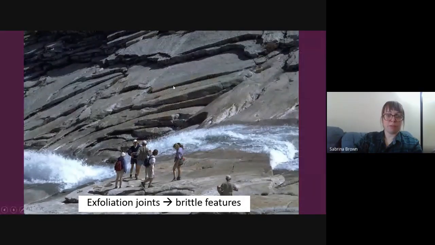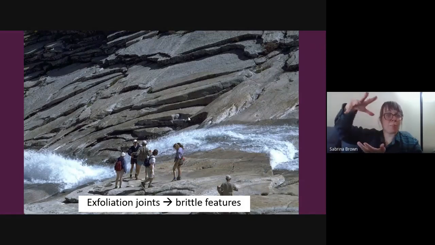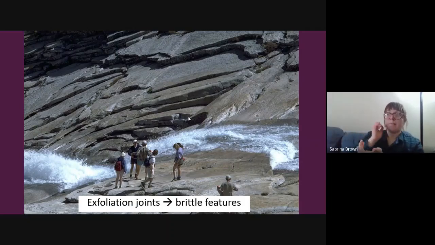So we get something cool in rocks sometimes, rocks that have been below ground for a long time and under high pressure. When the rocks on top of them get eroded away, or those rocks that have been at depth get uplifted, like in a mountain building event, if they very quickly come to the surface, they do something called exfoliation, where they crack off as a result of that stress of the mountain building event.